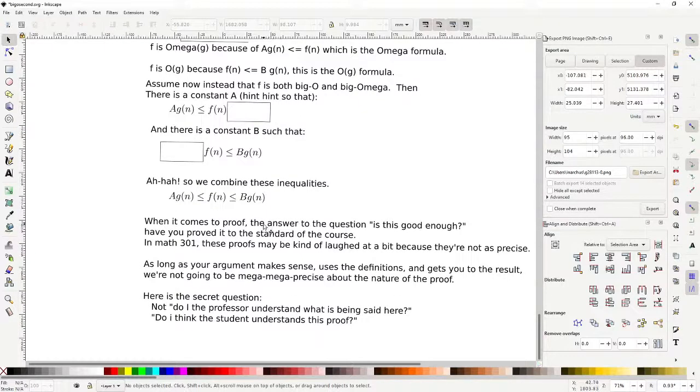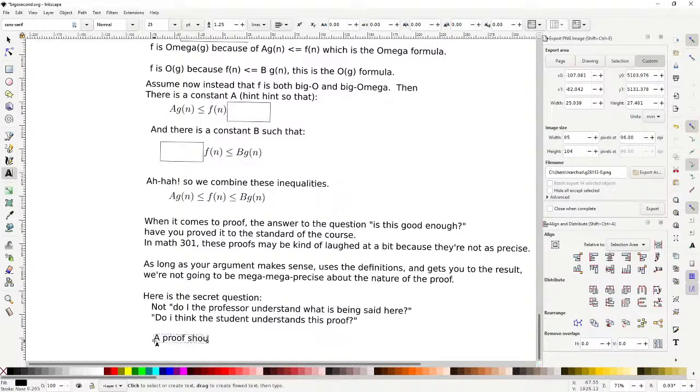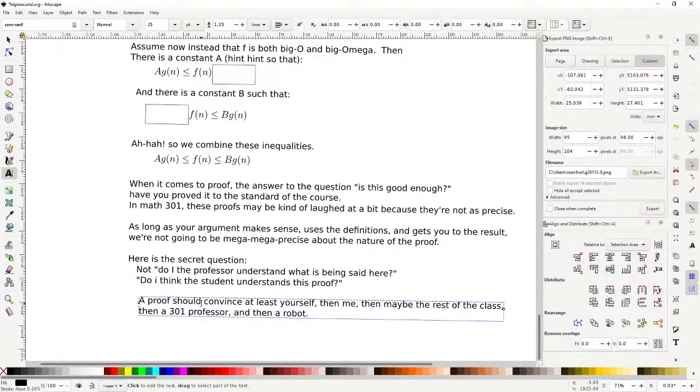Remember, the whole goal of a proof should convince at least yourself, then me, then maybe the rest of the class, then a 301 professor, and then a robot. So a proof should convince at least yourself.